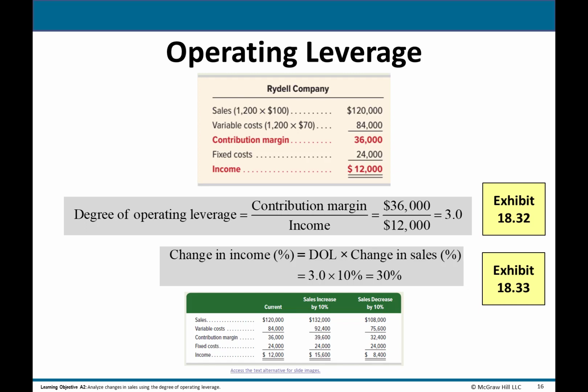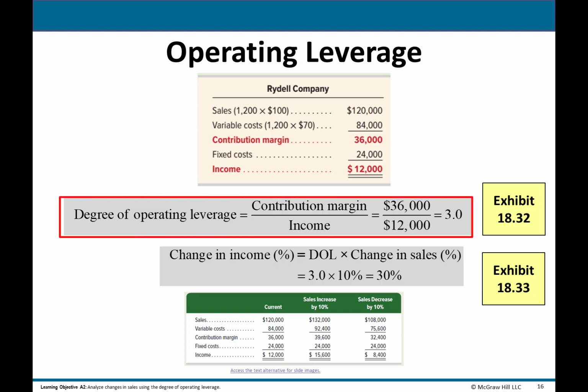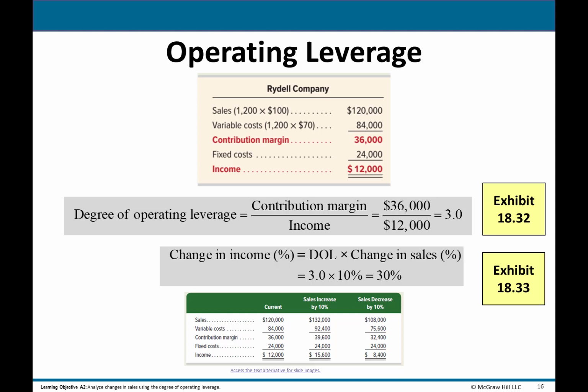In this example, the contribution margin is shown at 36,000 and the net income is at 12,000 at 1,200 units of activity. This equates to a degree of operating leverage of 3. What that means is if they were able to increase sales by, pull the number out of the air, 10% in the author's case, they would see a net income increase of 3 times that, or 30%.